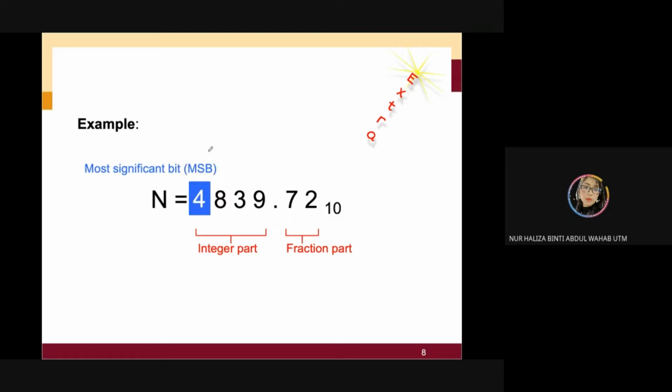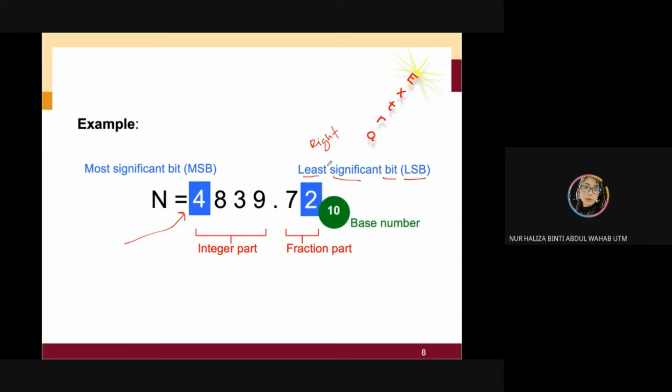And sometimes we just ask you in a question, what is the value of MSB? And another thing is your LSB. LSB is least significant bit. So your least significant is normally on your right. And it is a base 10.